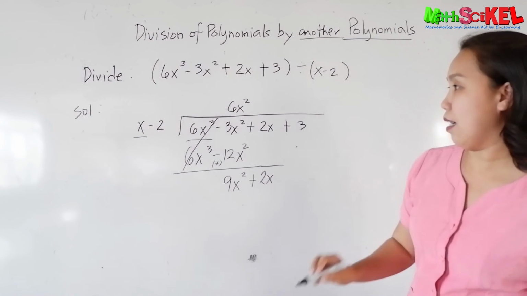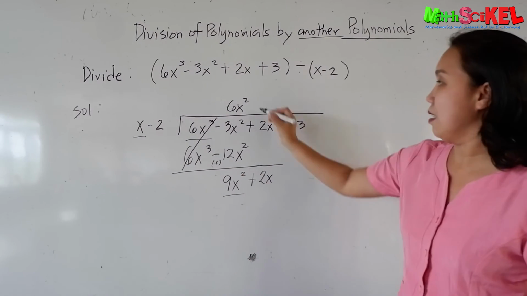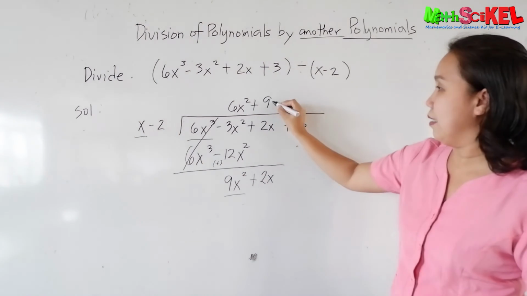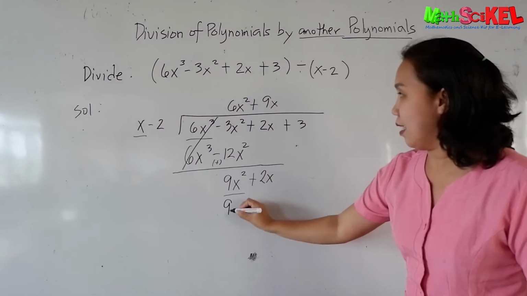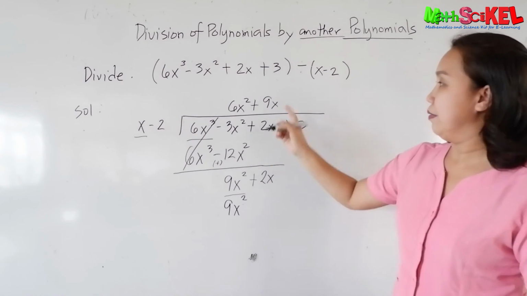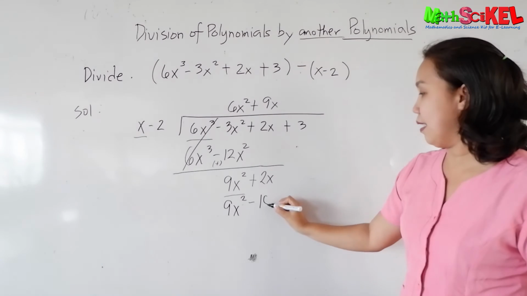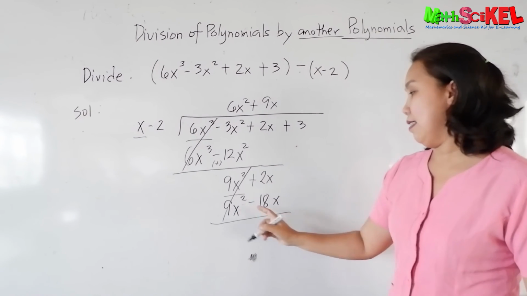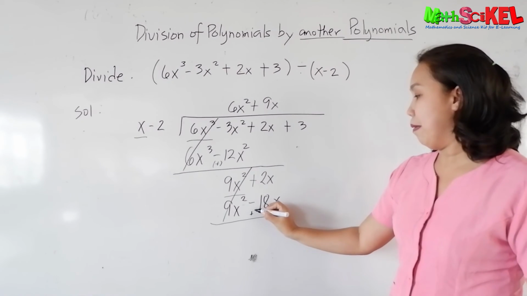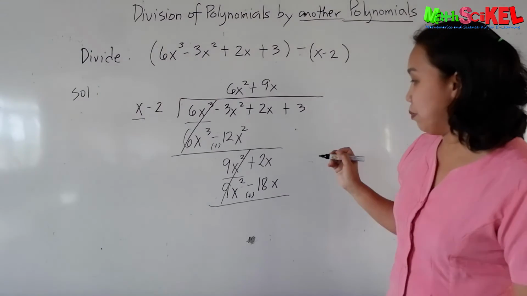Repeat with the first step. 9x squared divided by x is positive 9x. 9x times x is 9x squared. 9x times negative 2 is negative 18x. Again, cancel. Negative will become positive according to the additive laws of subtraction.